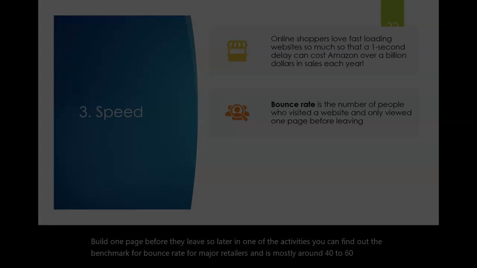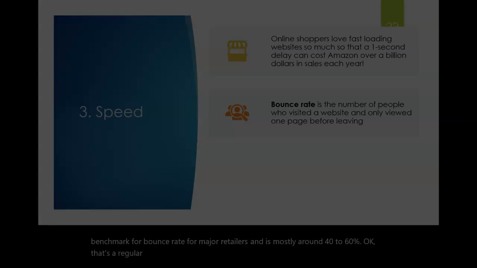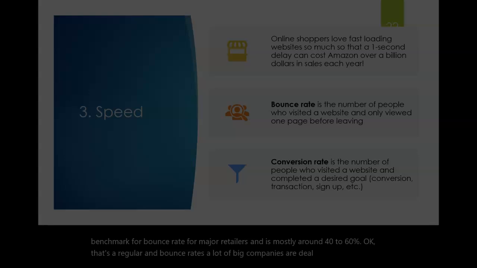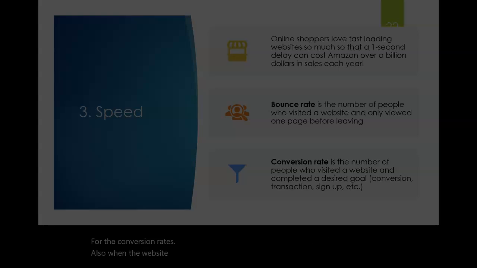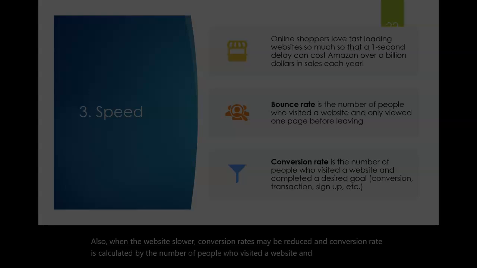That's a regular bounce rate a lot of big companies deal with. For conversion rate, when the website is slower, conversion rates may be reduced. Conversion rate is calculated by the number of people who visited a website and then completed a desired goal, for example, making a transaction, signing up with emails, etc.